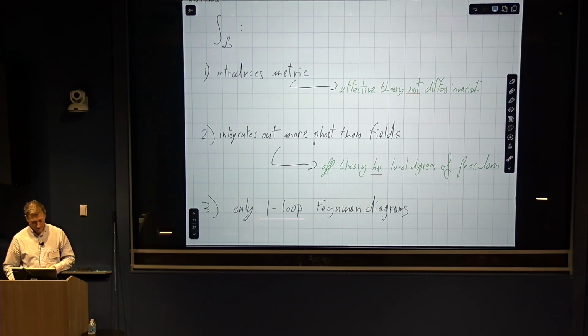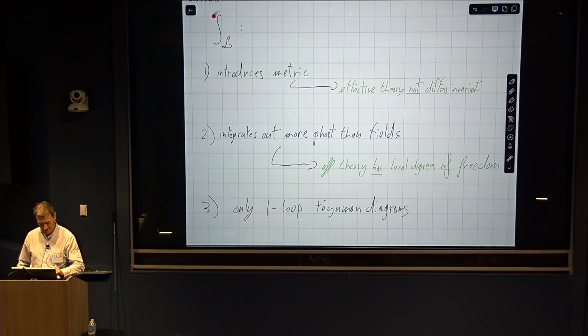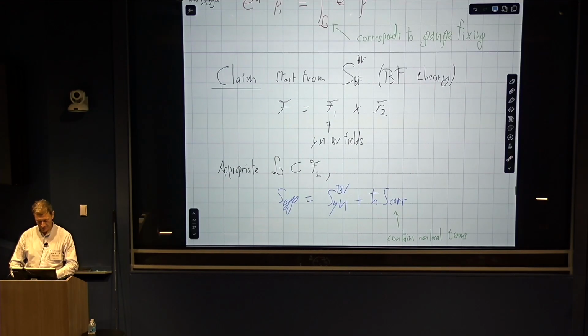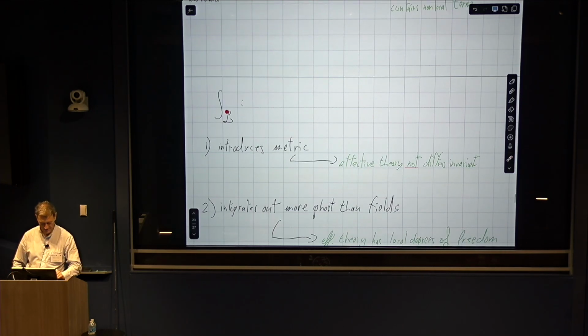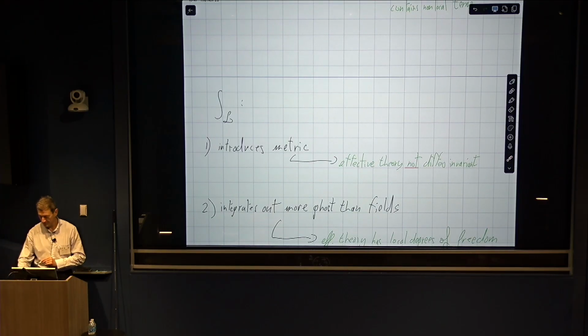Now, what happens is that when you do this integration, first of all, you have to introduce a metric. Actually, a metric is already introduced in this splitting, but also in the gauge fixing here. And so the result is not unexpected: the effective theory will no longer be diffeomorphism invariant.